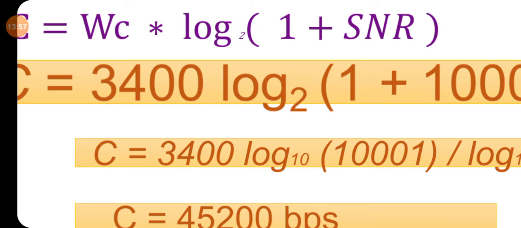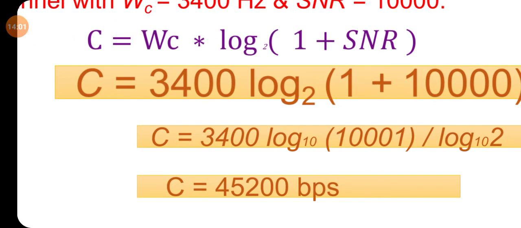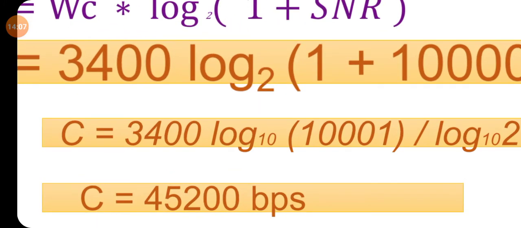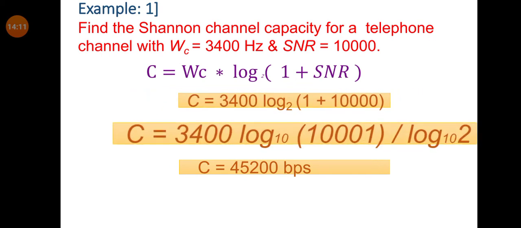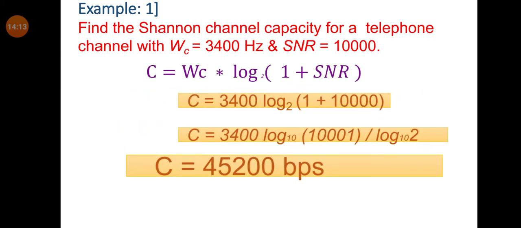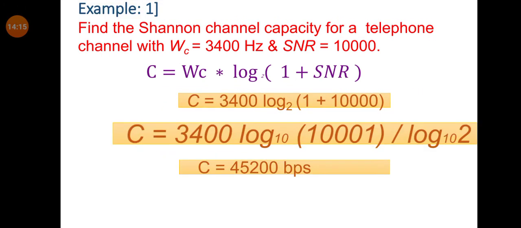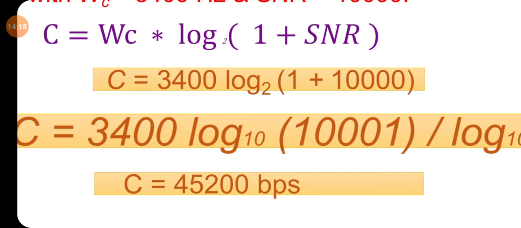Clear? To do that, whatever log value we have with the base 2, we divide that log value by log 2. Clear? So in the next step, that log value of 10,001 is with the base 2.